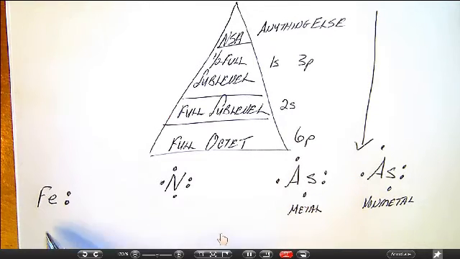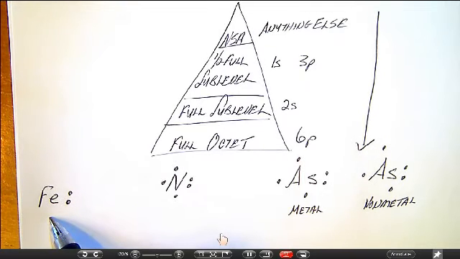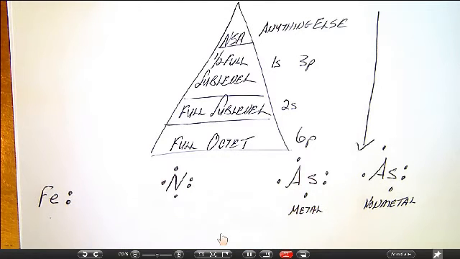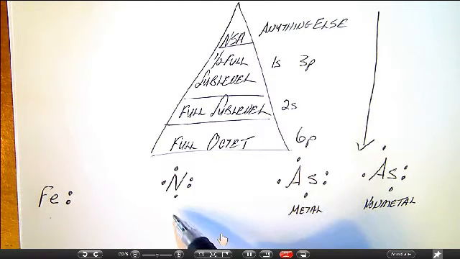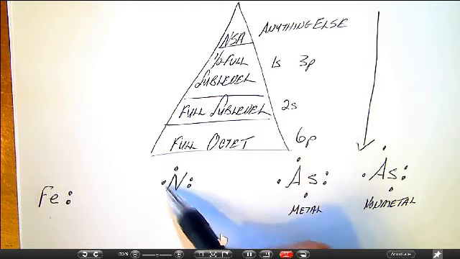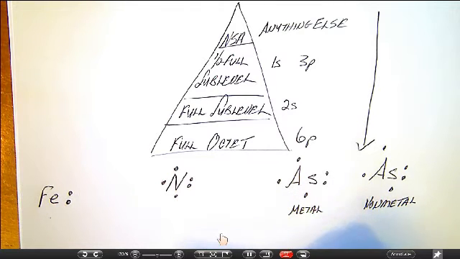I have iron, which is a metal. Its default is a +2, so that means it has 2 s electrons. Nitrogen, nonmetal, its default is -3, 2 s electrons, 3 p electrons, total of 5 electrons, which means we have a negative oxidation number.